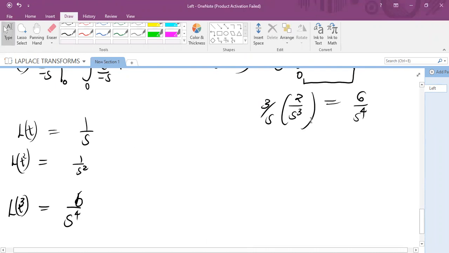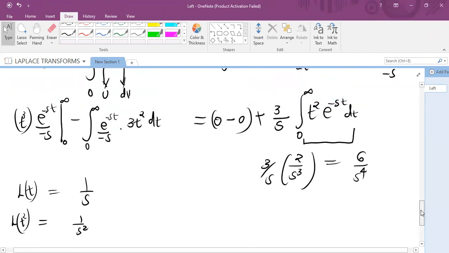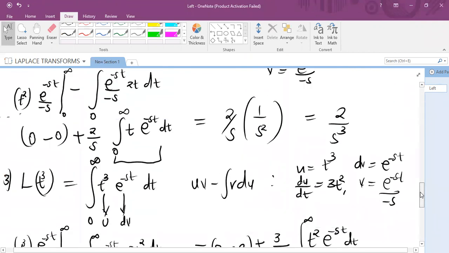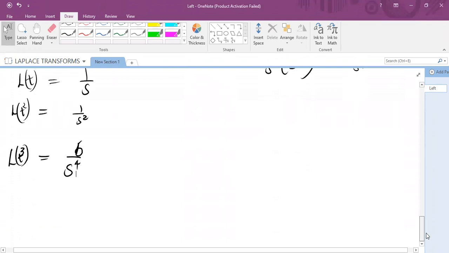Wait a minute, I haven't written the one for t squared. The one for t squared is actually 2 over s cubed.